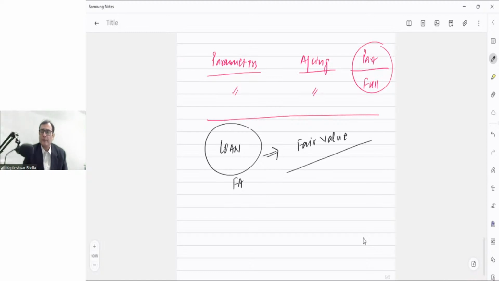The fair value is the present value of the principal and the interest component, right? So when you consider the financial asset in the books of accounts, initially it is recorded at fair value, which is the present value of the principal and the present value of the interest. So we can say the loan which appears in the balance sheet of the company has two components: one is the principal component and one is the interest component.